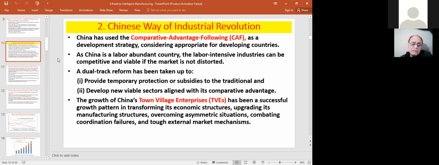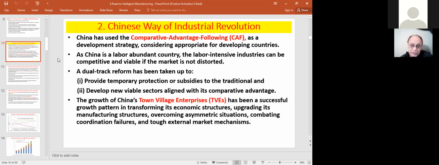This was a two-pronged reform system they undertook: they provided temporary protection and subsidy to the traditional public-owned bodies, and at the same time, they made new viable sectors available, which had comparative advantage, in the form of the established town village enterprises.